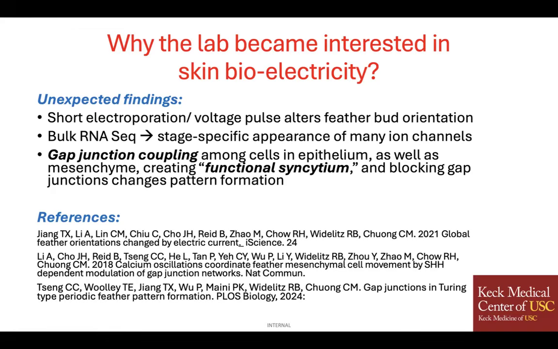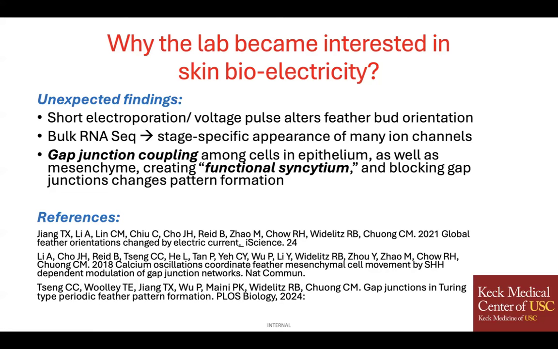This kind of coupling creates what is known as a functional syncytium. So the cells are electrically connected to each other. They still maintain a separate identity because they each have their own nucleus, but they are functioning as a unit. And I'm going to be talking a lot about this.